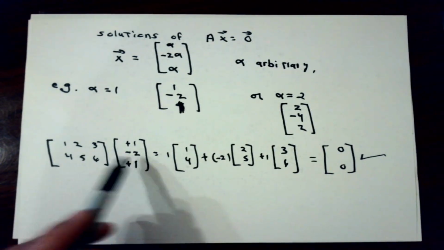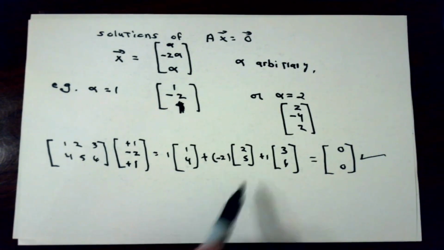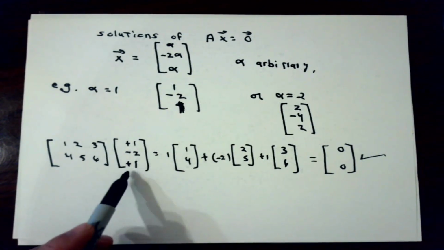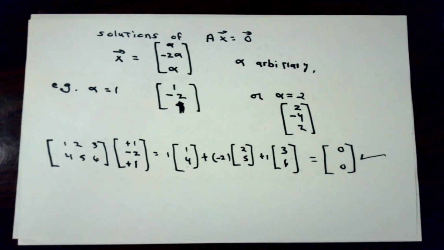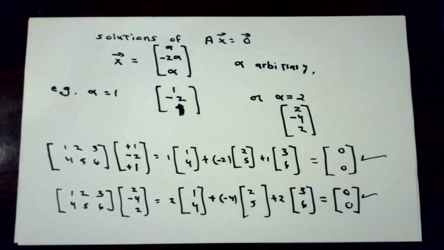If I pick alpha to be 1, write out my matrix times vector, I end up with the 0 vector as expected. If I let alpha equal 2, the same thing happens. This tells me that this function is not one-to-one.